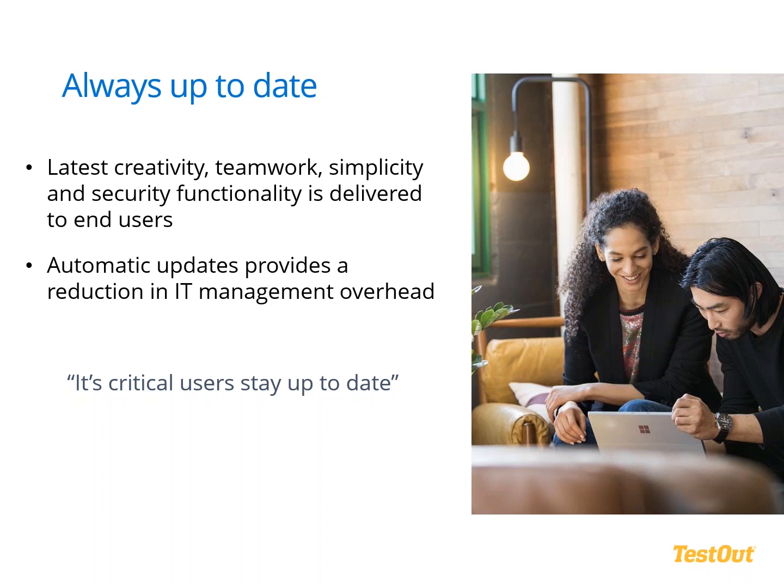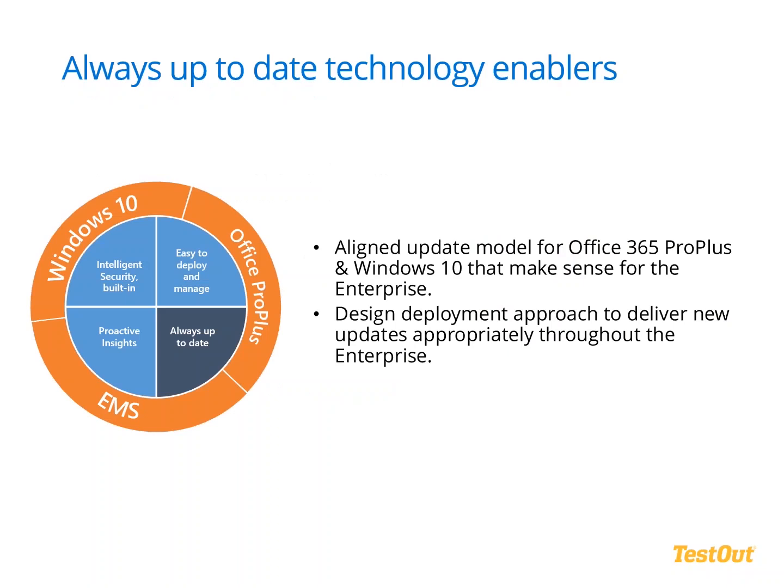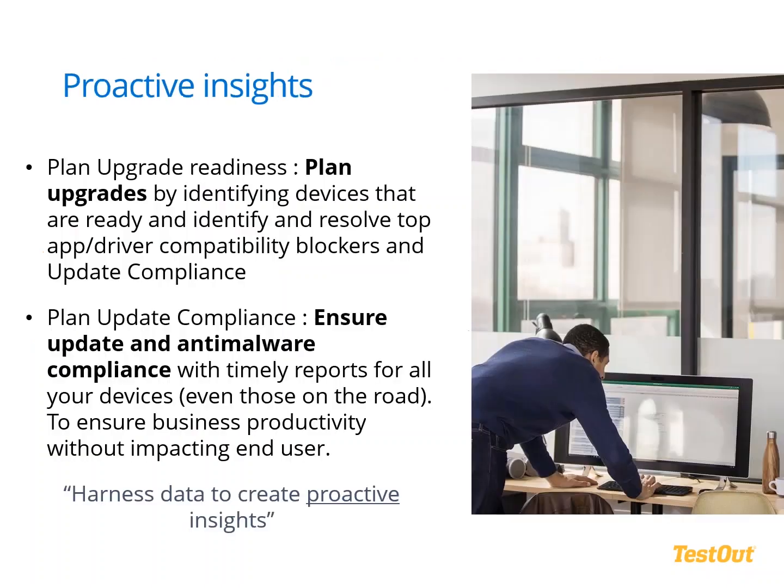And so it helps streamline making sure that everything is up to date and everyone's on the appropriate version. So when we look at software for that, it's Office 365 ProPlus and Windows 10. And again, that makes sure that the appropriate updates are sent throughout the enterprise.